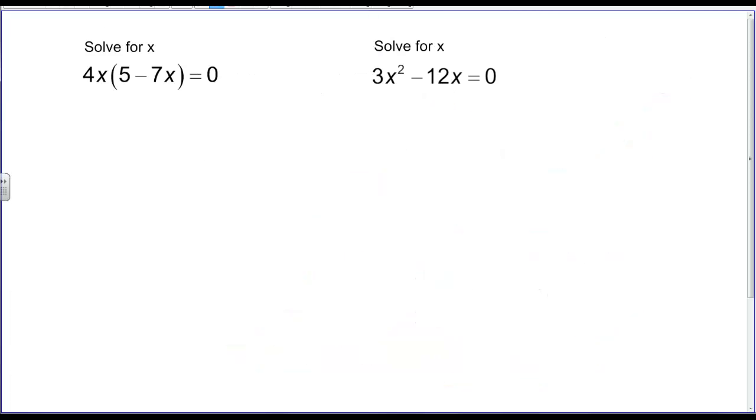Let's do a couple more. In this case, I have two terms multiplying together to equal 0. So this is the zero product principle staring at us right in the face. And if I know two terms multiply to equal 0, then one of those two terms has to equal 0.